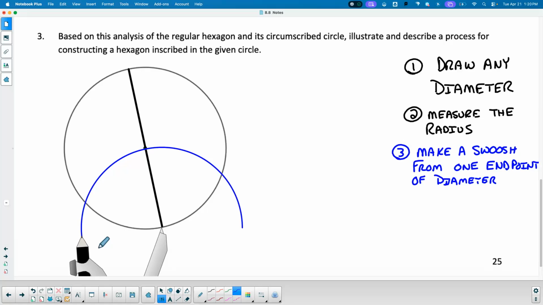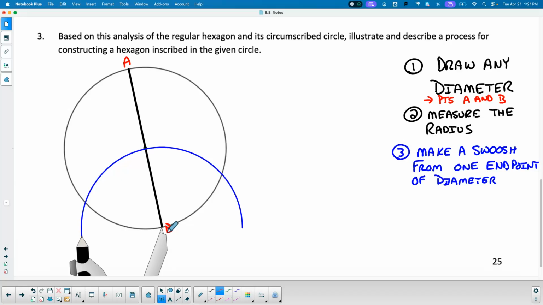Now, I'm going to label some points here. So this was point A, this was point B. So we went to B and we swooshed, right?